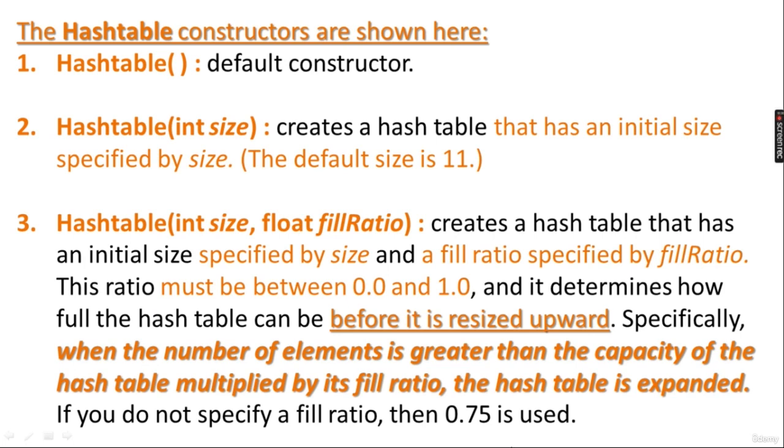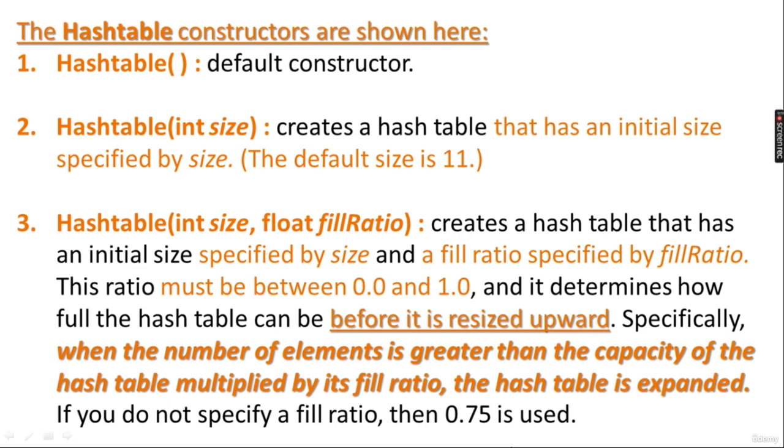This ratio must be between 0.0 and 1.0 and it determines how full the hash table can be before it is resized upward. Specifically, when the number of elements is greater than the capacity of the hash table multiplied by its fill ratio, the hash table is expanded.